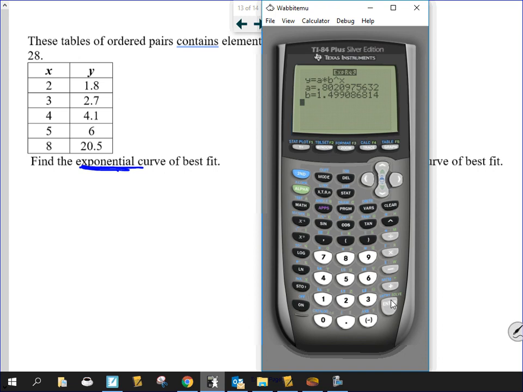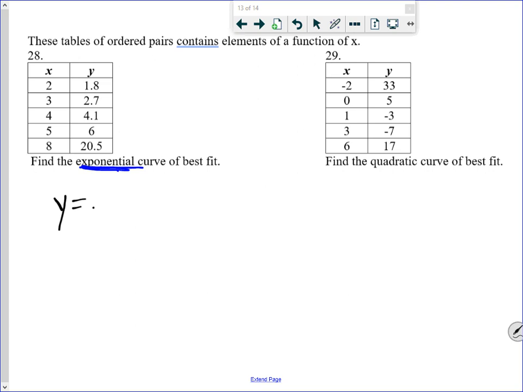Now, what's important here is that in the absence of instructions, you should always go to 3 decimal places. So it'll be y equals 0.802 times 1.499 to the x power. And there's our exponential curve of best fit.